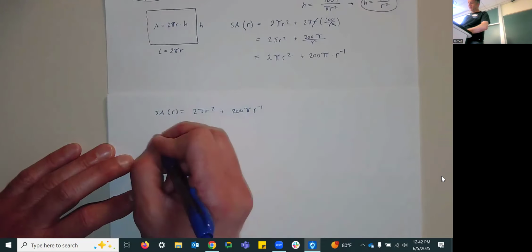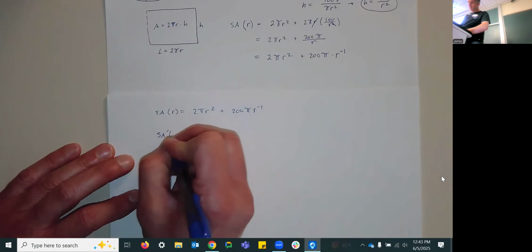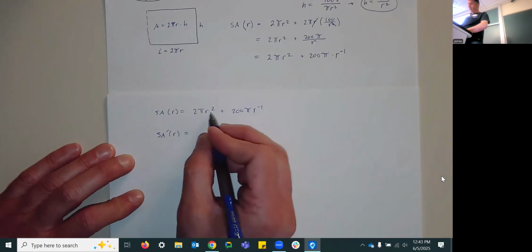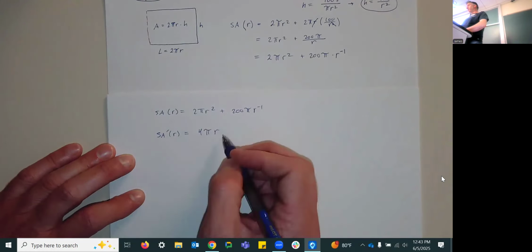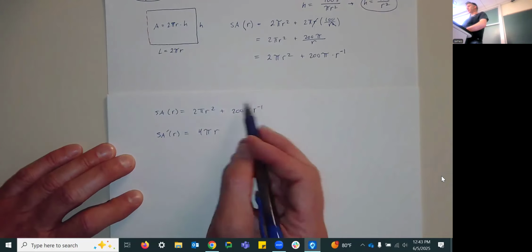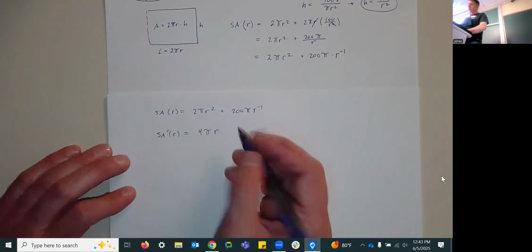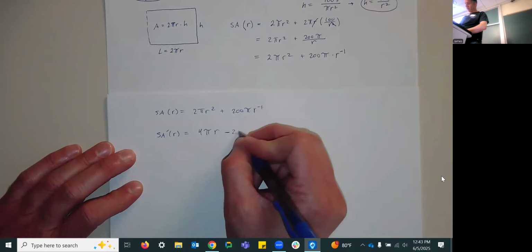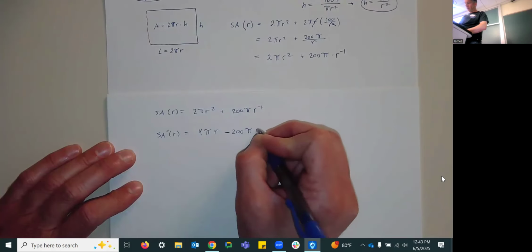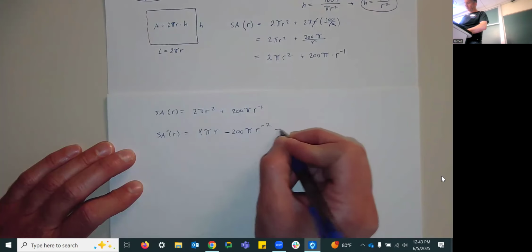And then the derivative here is going to be 2 pi times 2r, so 4 pi r. And then I'm not going to write the plus sign here because I can see that minus sign is going to come down in front and change the sign. So let's make it a minus. Let's see, negative 1 times 200 is negative 200 pi times r to the negative second power equal to 0.